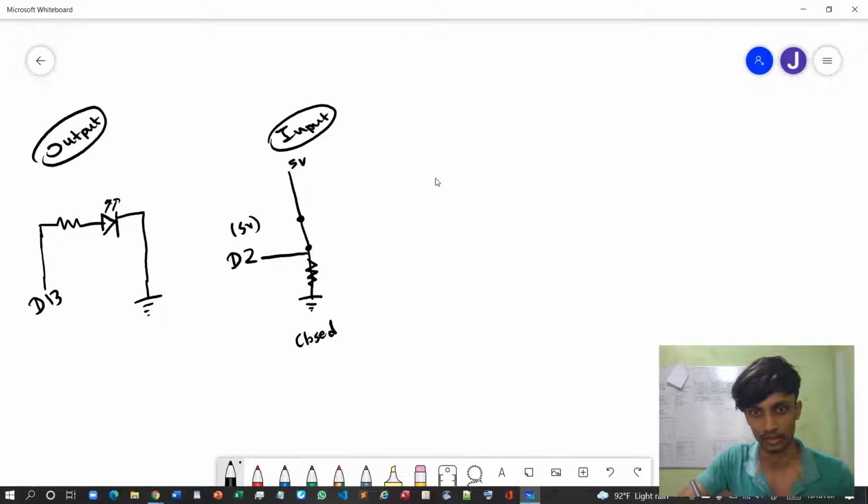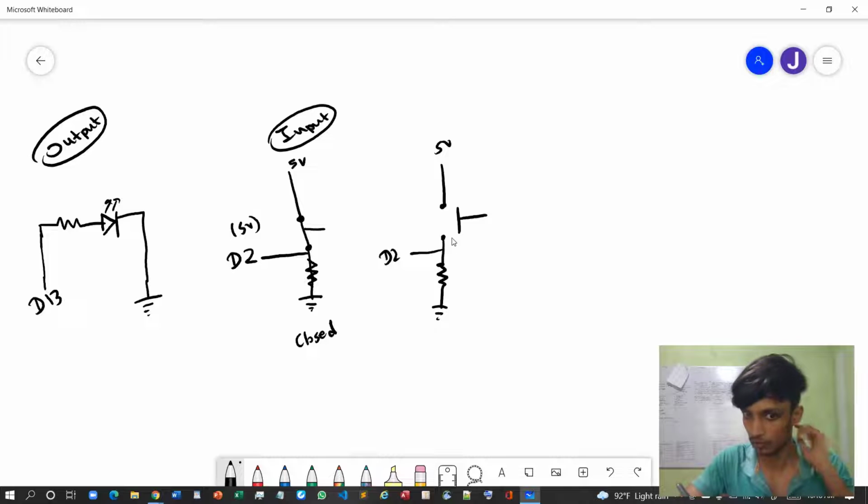Whenever the push button is open, the circuit will look like this. So this is 5 voltage and this is basically connected to D2. Now D2 only feels this ground voltage, which is 0 voltage.